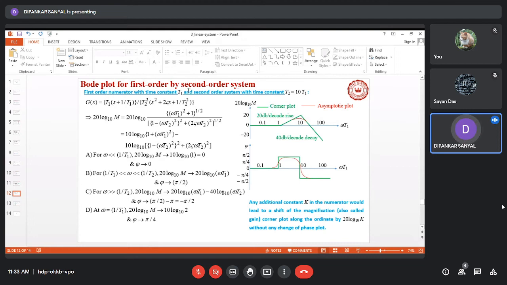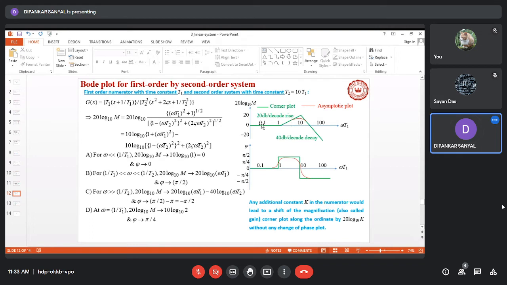And here we have considered that the time constant T1 is smaller and the time constant T2 is higher. So the second order system is faster basically.